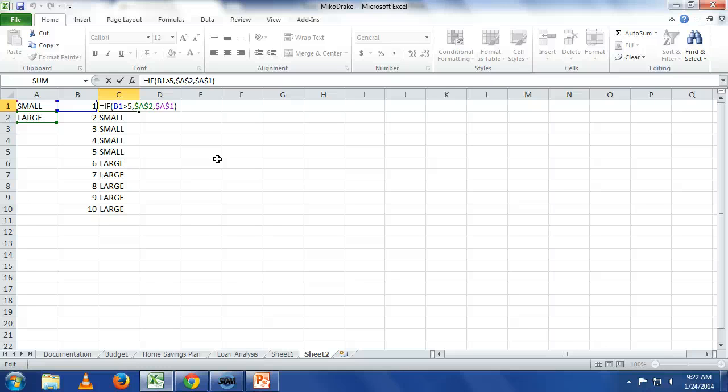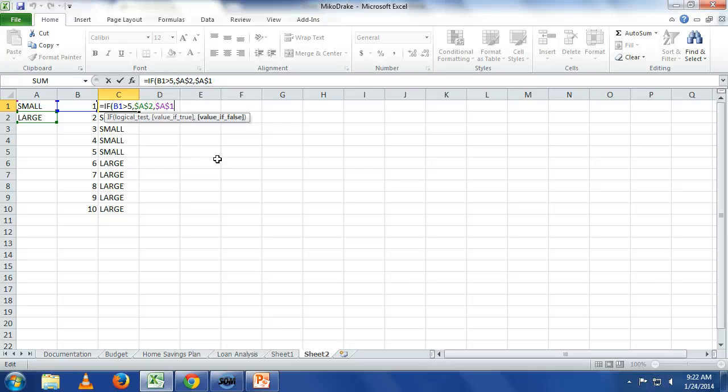The other thing we can do, okay, that's text, but the other thing we can do is we can put in formulas in that if this condition is true, put in this formula, if false, put in this formula. So let's use the same logic.